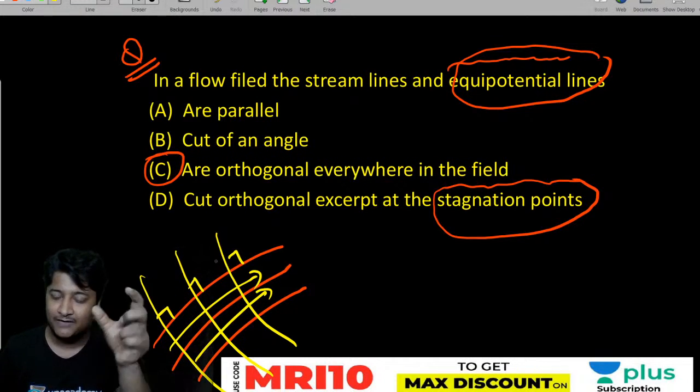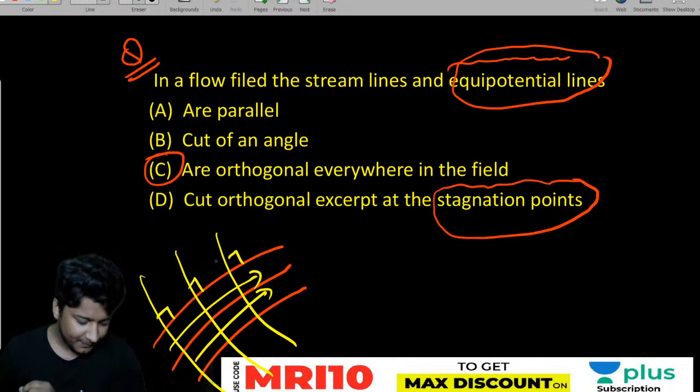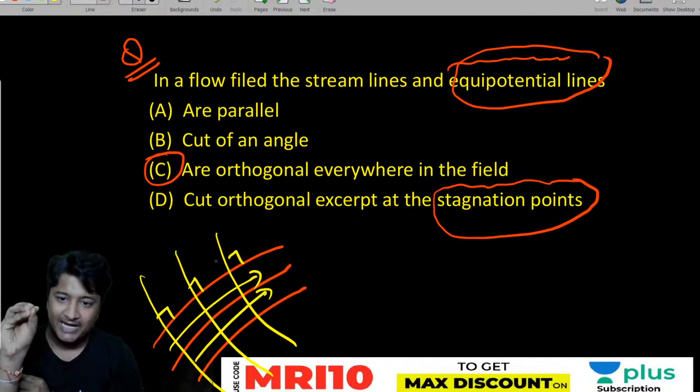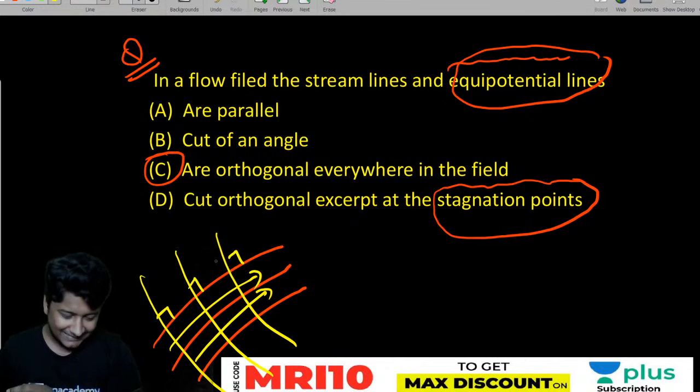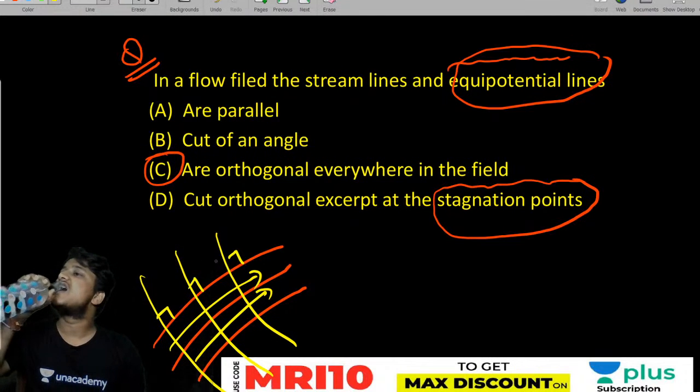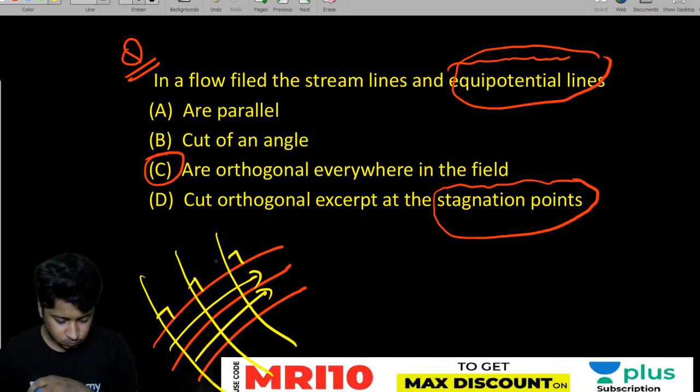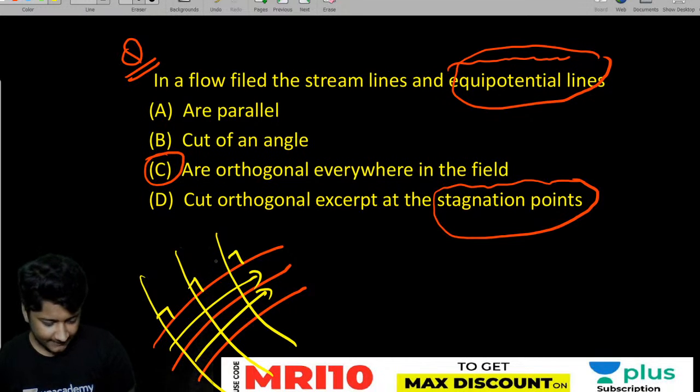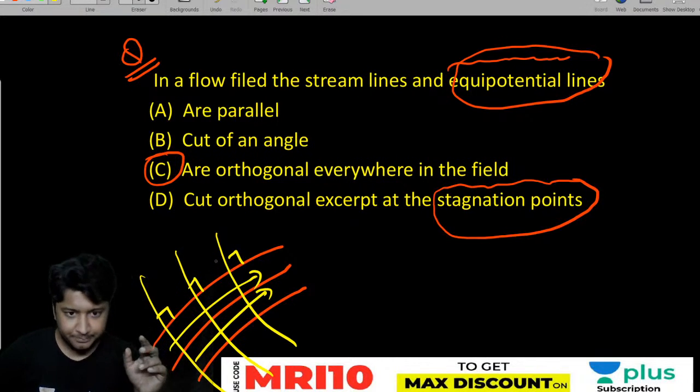आपको stagnation point वाली concept समझ में आई या नहीं आई? Have you understood the stagnation point concept or not? That is the only thing I am asking you now. Clear hai?